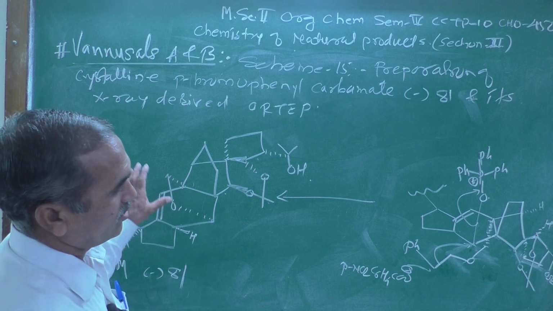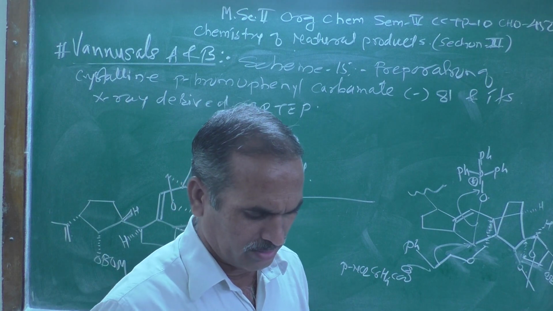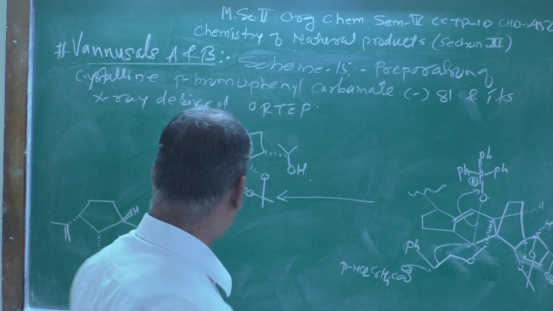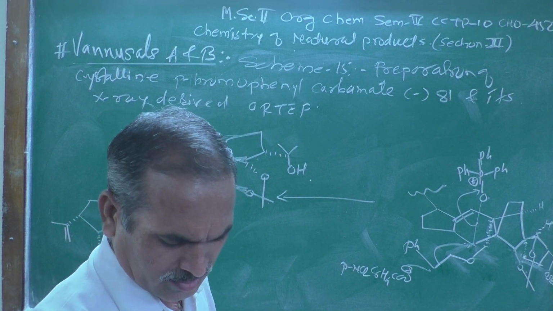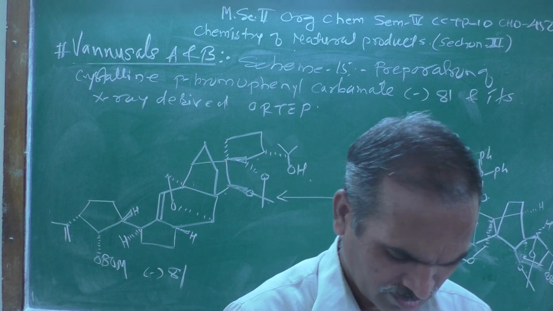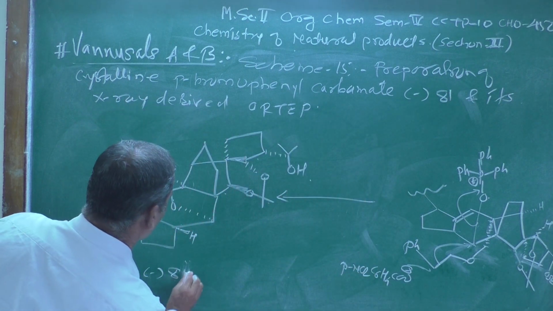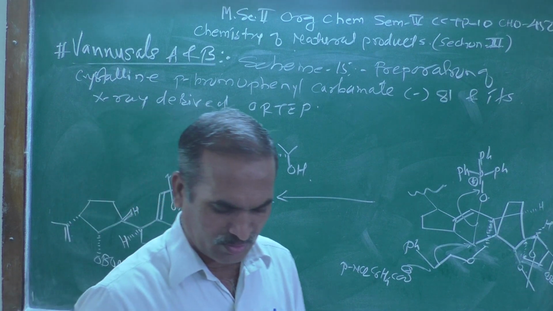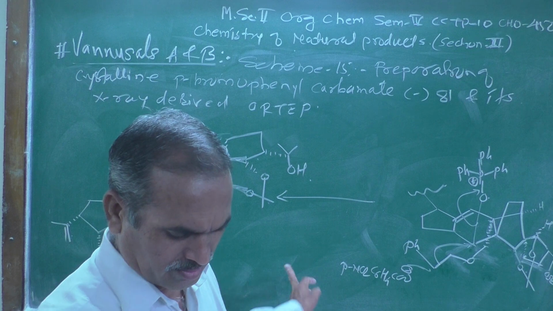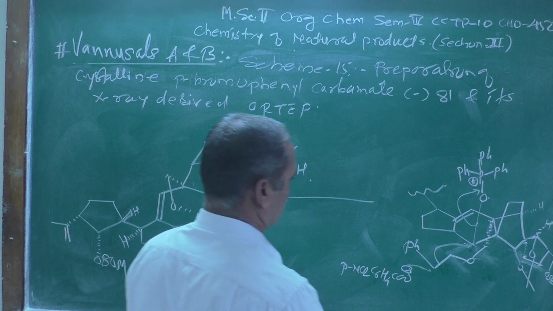This is the structure which we have got here, 81. So, not 81, that is minus 80 that we got over here. The structure which we got here is 80, and this is 79.